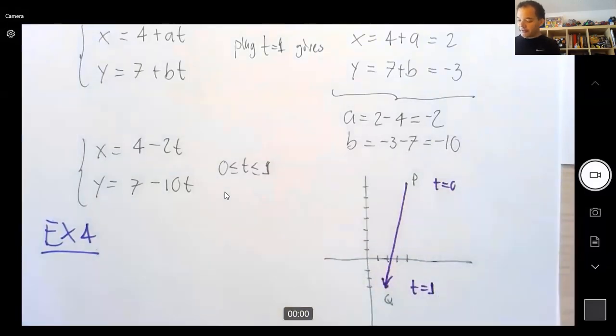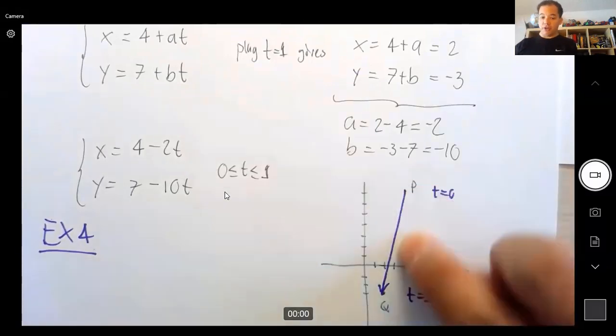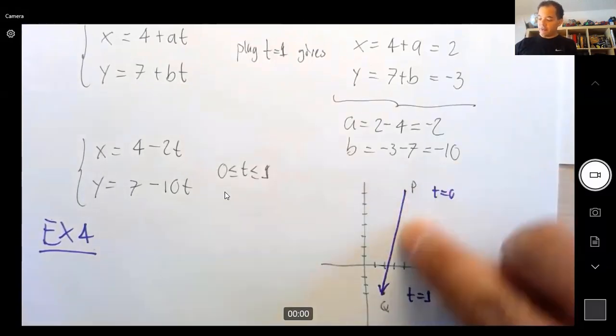So you are right that the second one goes twice as fast, but actually it also goes in the opposite direction. And I don't know if you had realized that. As a segment, as the picture that you get when it's all done, you get the same picture. It's just a segment. But the way it was drawn is different. This one was drawn from here to here, 0 seconds, 1 second.